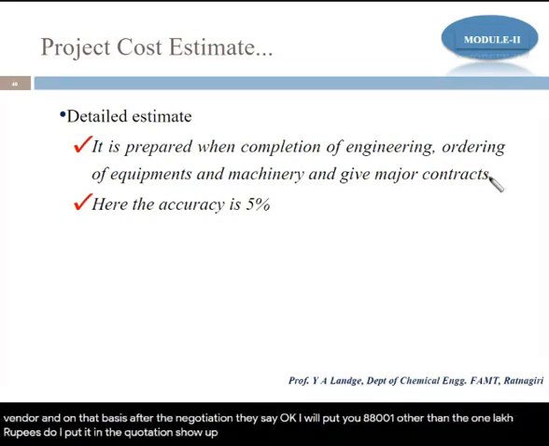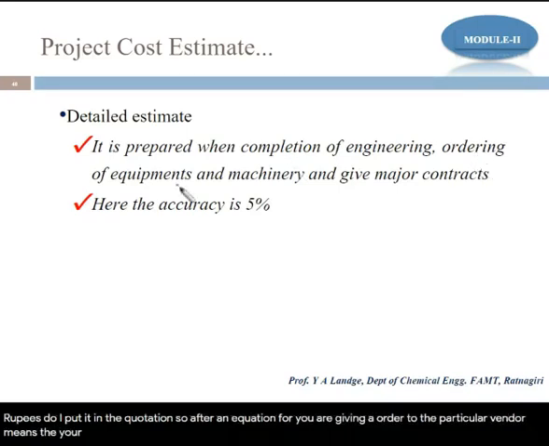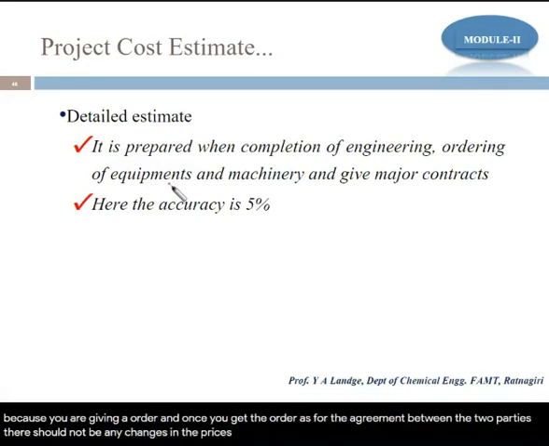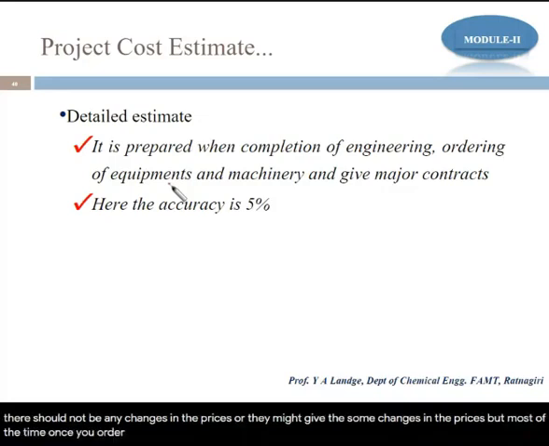So after negotiation, when you give the order to the particular vendor, there is no change in the costing of the equipment. Once you give the order as per the agreement between the two parties, there should not be any changes in the prices, though they might sometimes change, but most of the time once you order there is no change.